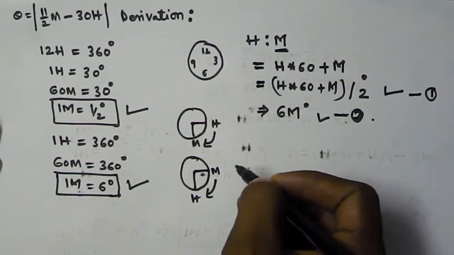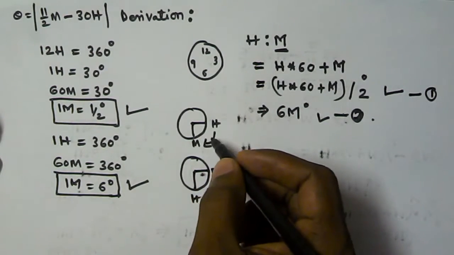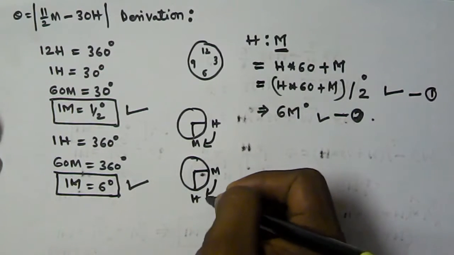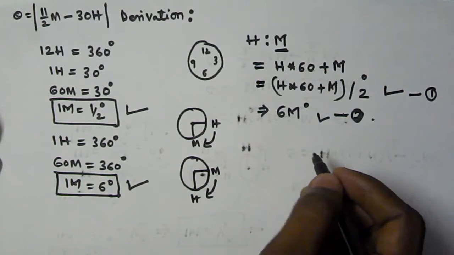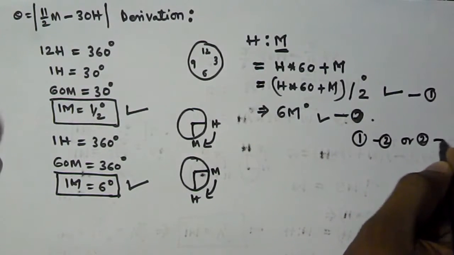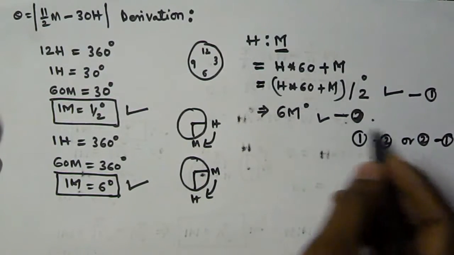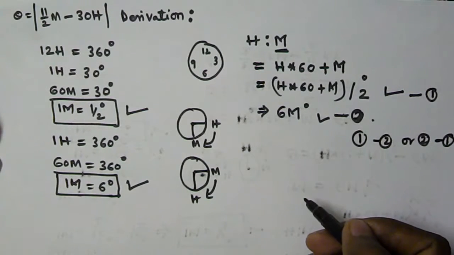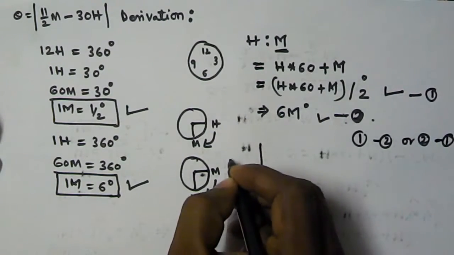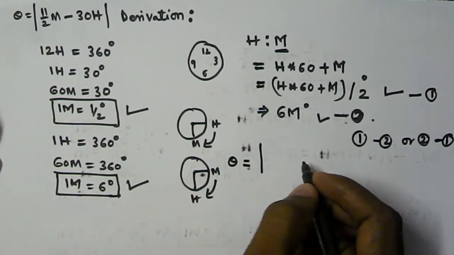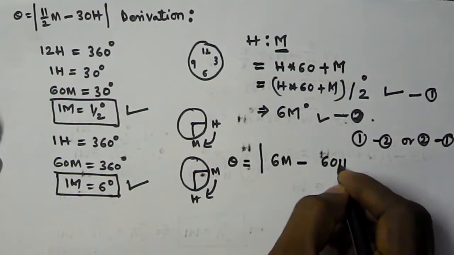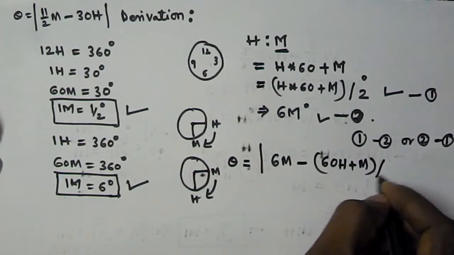So you can subtract the angle made by the hour hand from the angle made by the minute hand, or the other way around. We take it inside a modulus because it covers both cases. The angle between both of them is theta equal to modulus of 6m minus (60h plus m) by 2.